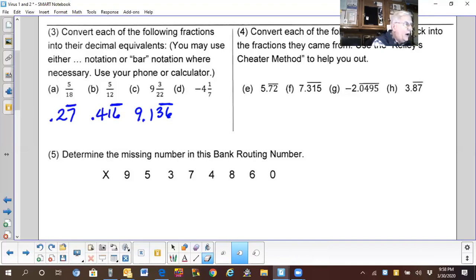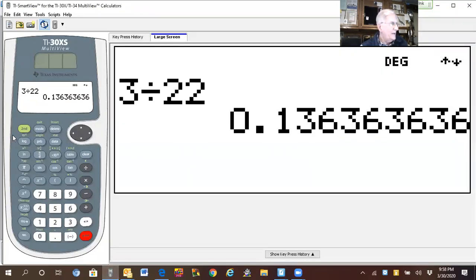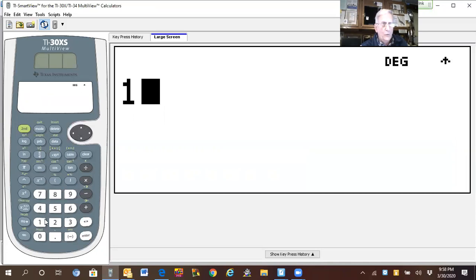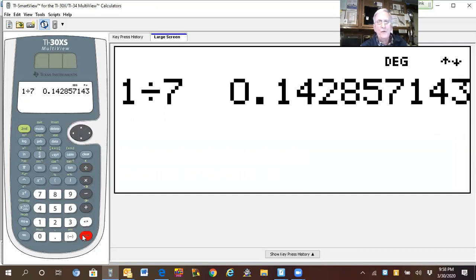Now, if you recall, when you convert the sevenths, and we discussed this in class, the sevenths are 6-digit repeaters. So it's going to be very hard for you to see this on the calculator I have here. But if I hit clear and divide 1 by 7, notice it's 142857, and then it goes 143.